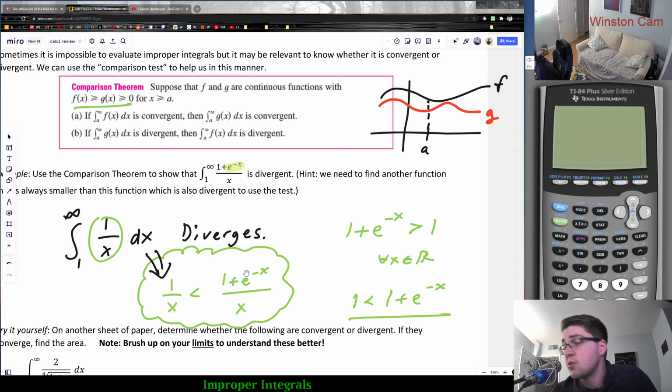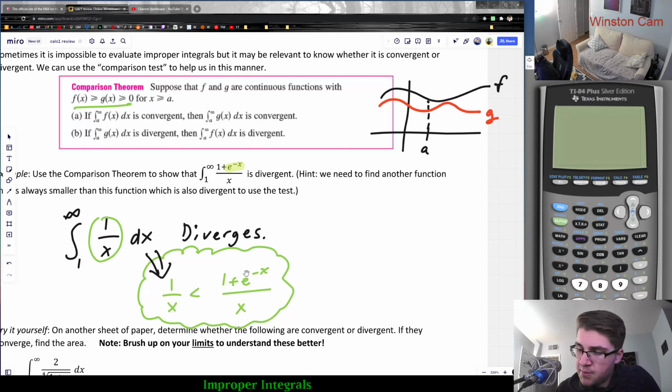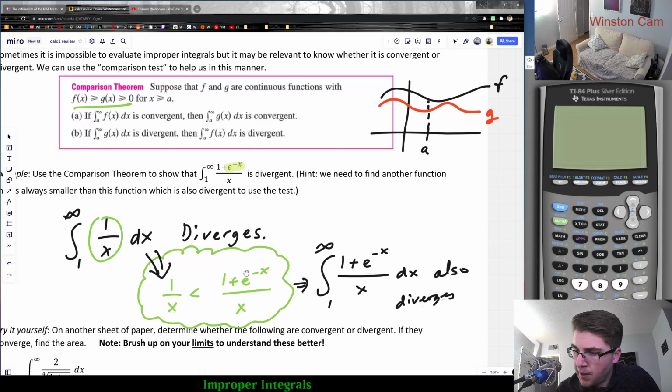Since this is larger, this must also be infinite. And so let me just erase this so I have a little bit more room to write. Logically speaking, this means that the integral of (1 plus e to the minus x) over x with respect to x from 1 to infinity also diverges by comparison.